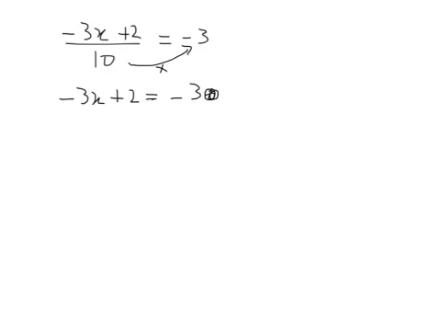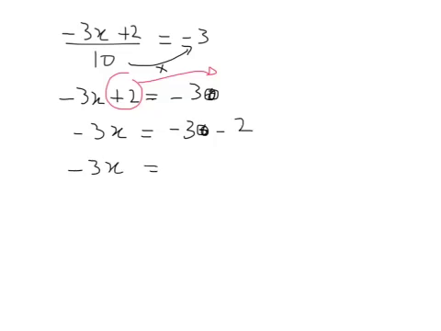Again, we need to move the terms that are alike to one side. In this case, I have a numeral, which is 2, that has to be moved to the right side, and we'll be left with negative 3x equal to negative 30 minus 2. This gives me minus 3x equal to minus 32.